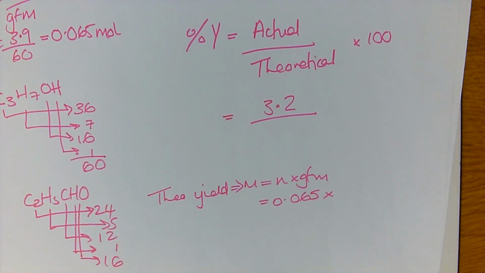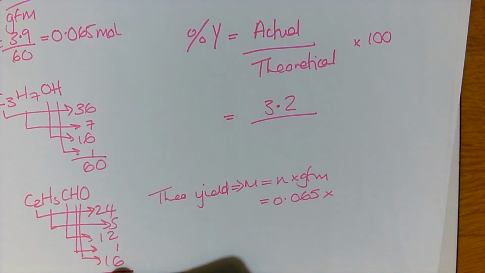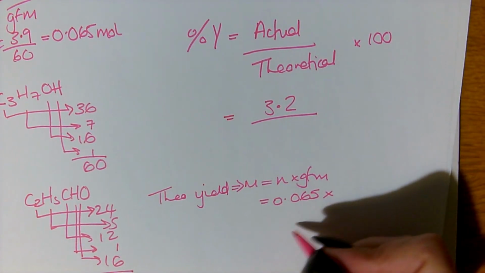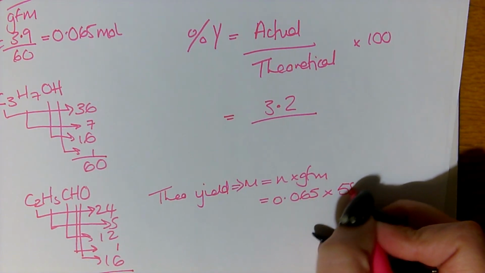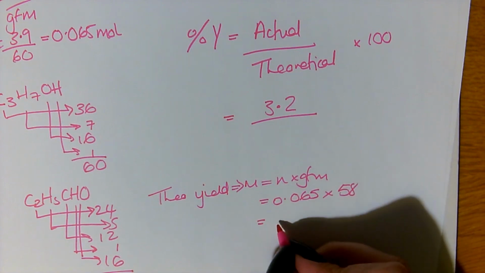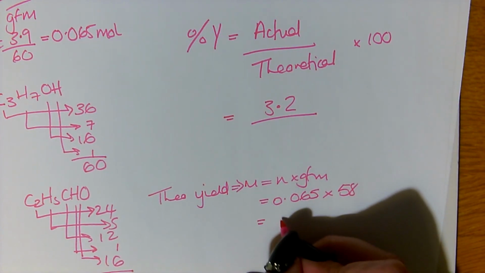Sorry guys, that's off camera there, and that will give you 58 grams. So we're then doing 0.065 times 58, and that gives us a theoretical yield of 3.77 grams.